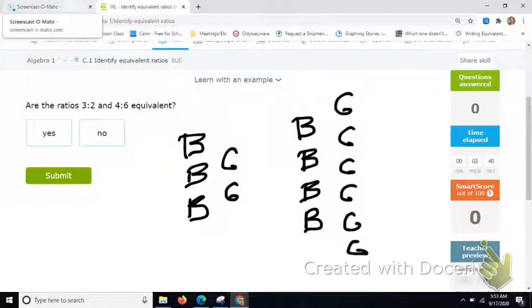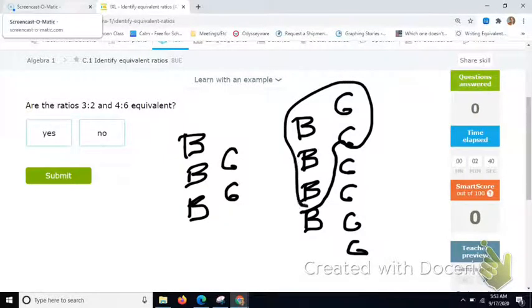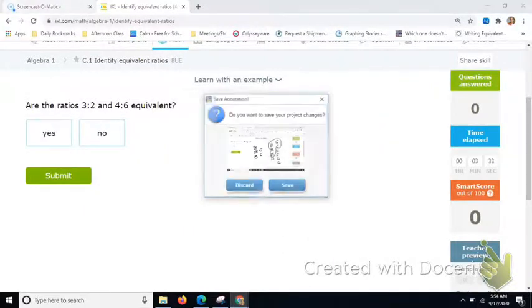And to know if that is the same, there's 3 boys, 2 girls, and then, whoa, I can't make another group of 3 boys, 2 girls. Not even close, right? And you might have known that just by looking. And so that is a no.